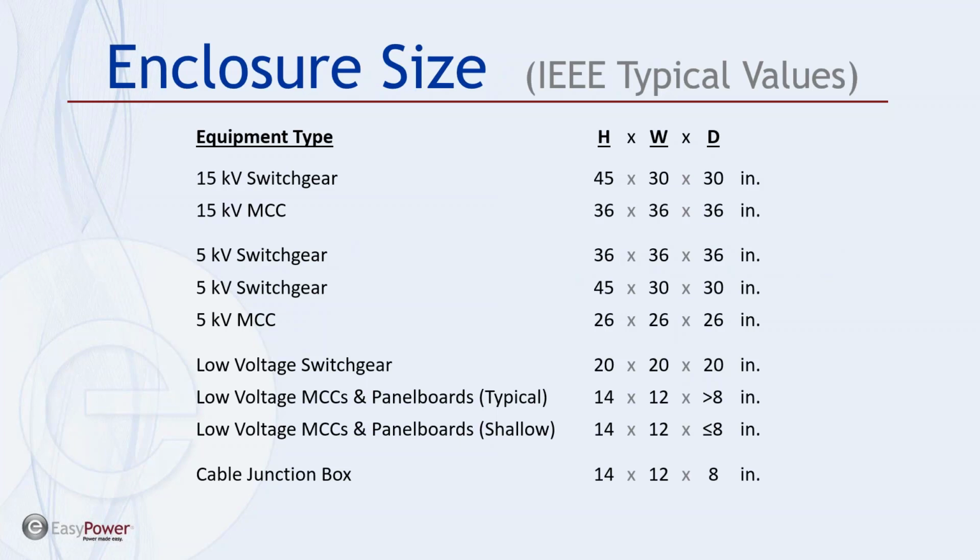The enclosure size has been defined in typical values. Again, this is not much of a change, but now these calculations are going into the model by default, and so the operator or the person doing the analysis has to take some steps to modify if they have equipment different dimension-wise than what's listed as a default. We'll show that when we get into the EasyPower tools.